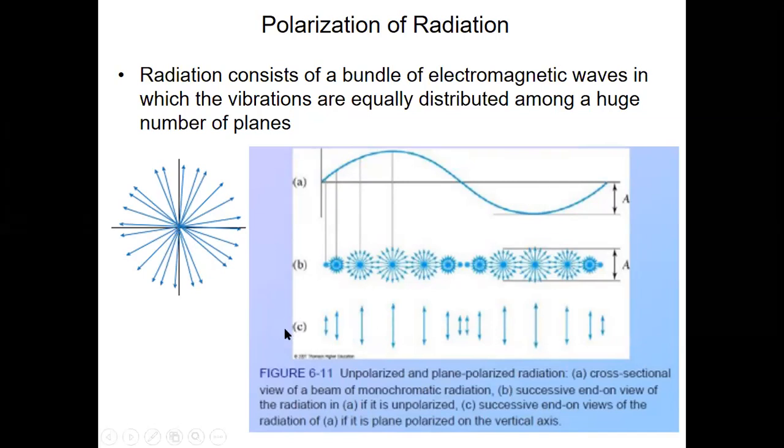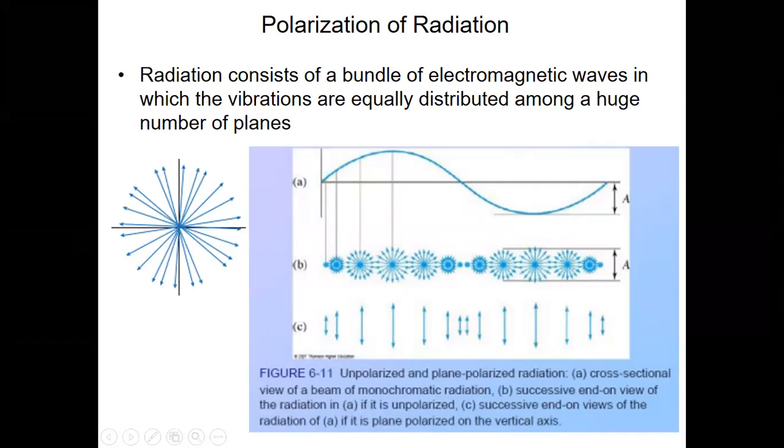So here in figure C, this one is the plane polarized on the vertical axis. Similarly, if we need, we can do the polarization in the horizontal axis as well. We just have a polarizer and we polarize the light in the horizontal direction.